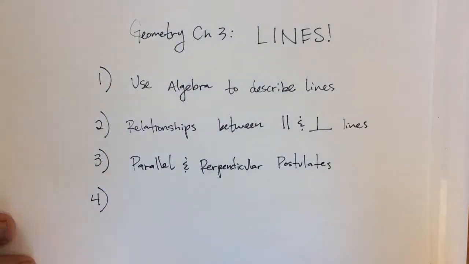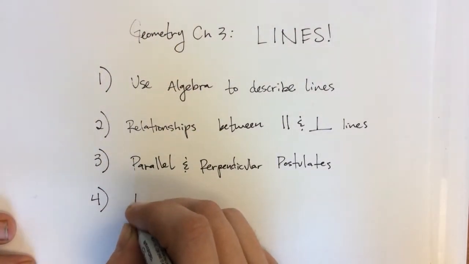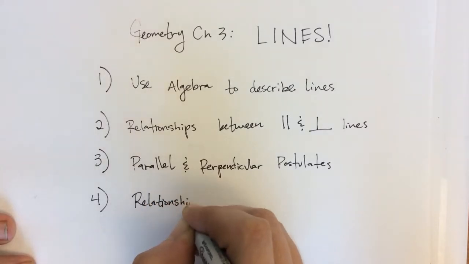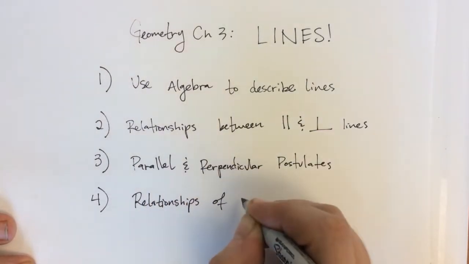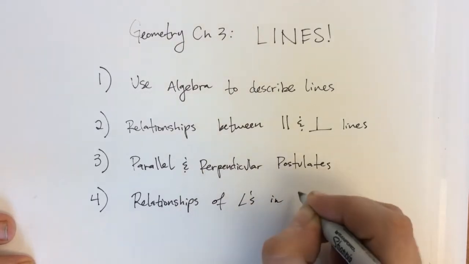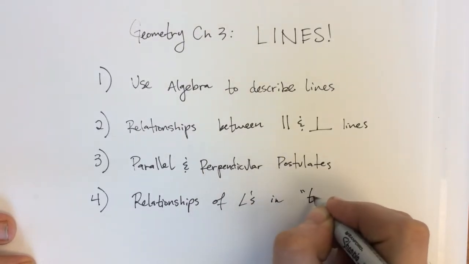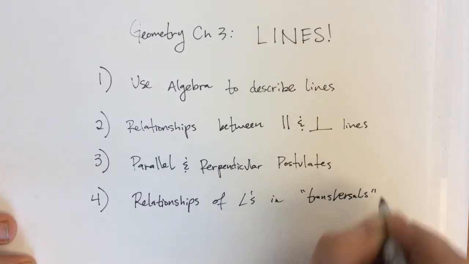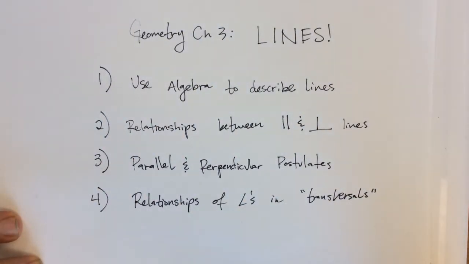And then lastly, I want to talk about relationships of angles in something called a transversal. You don't know what that means yet, but I assure you, you will very soon.